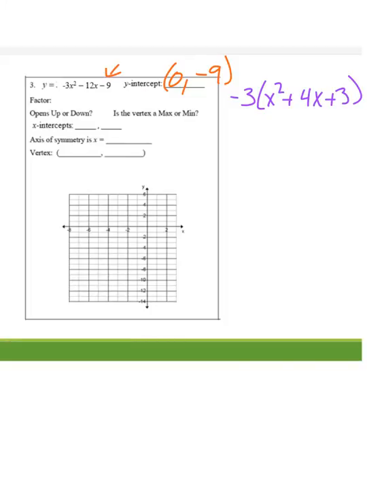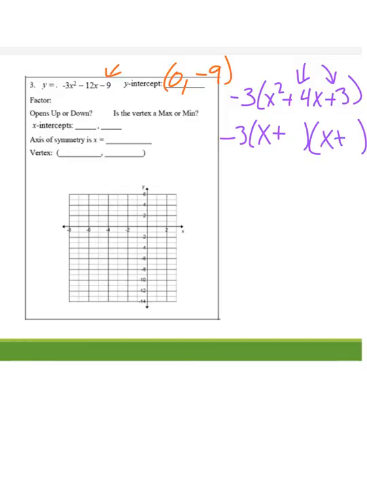I'm going to erase all those lines. Alright, all we got to do now is factor out what is inside the parentheses. So what two numbers can I multiply that would give me a positive 3, but when I add them, give me a positive 4? Well, because my two terms are both positive here, I know it's going to be x plus and plus.